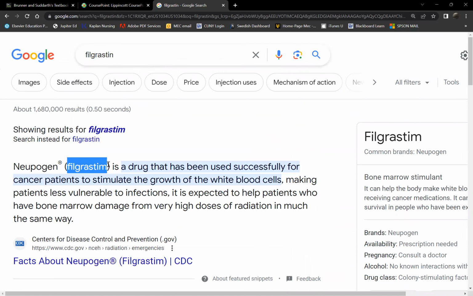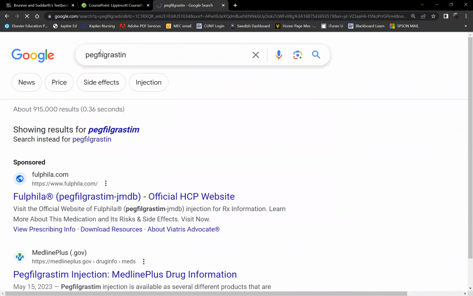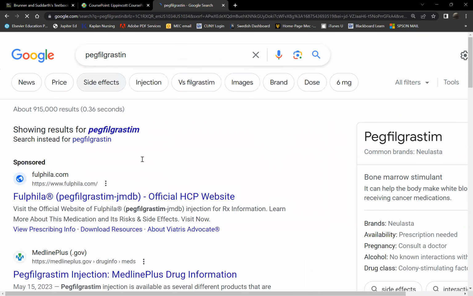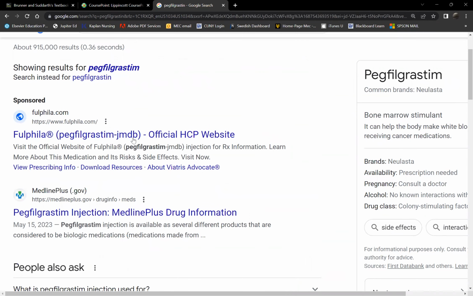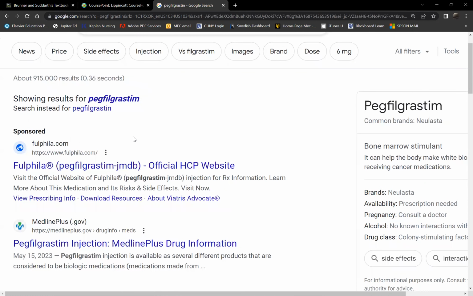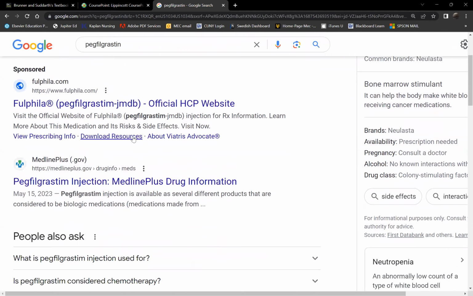This is the counterpart of erythropoietin, which is for RBC. This one is for WBC. There's also a sister, which is called Neulasta. Neulasta is called pegfilgrastim. Pegfilgrastim, filgrastim, same sounding anyway.